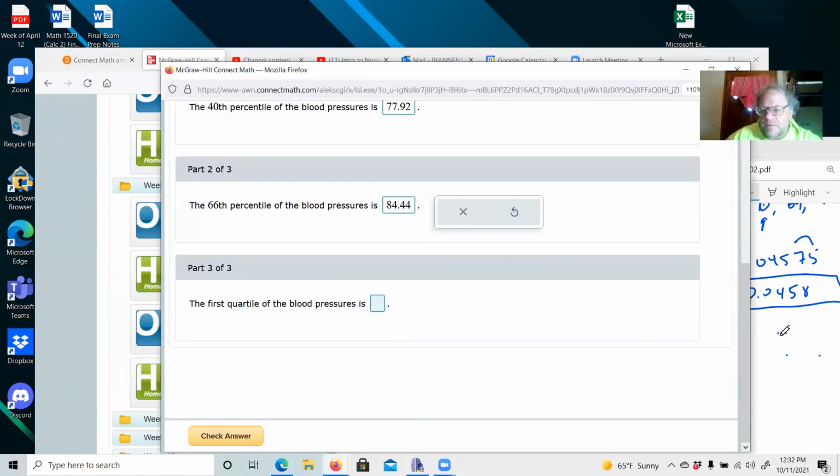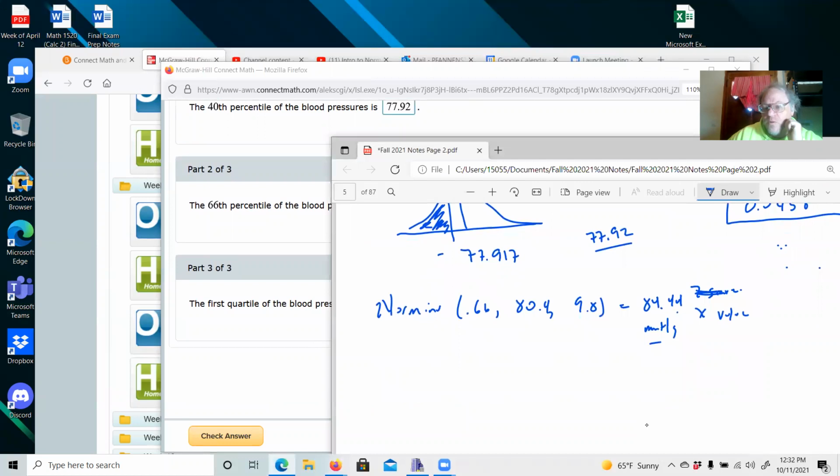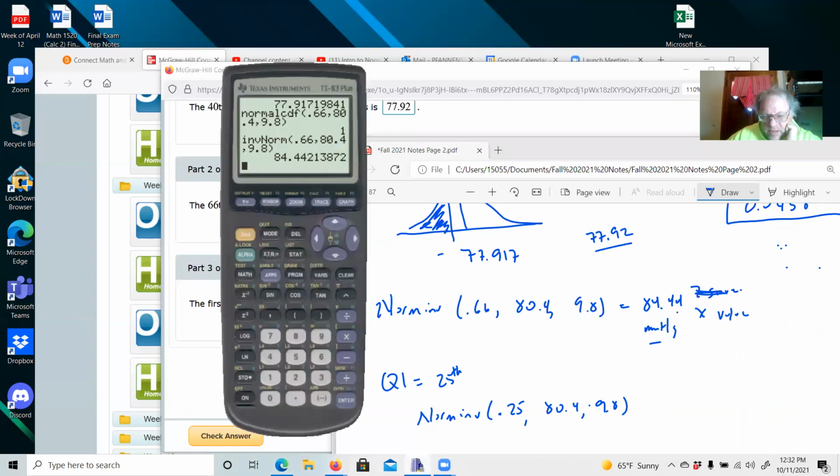And then the first quartile. What percentile is the first quartile? 25th percentile, right? So we're going to go ahead and do norm inverse, 0.25. Here's my value for the mean. Here is my value for the standard deviation. We want calculator.